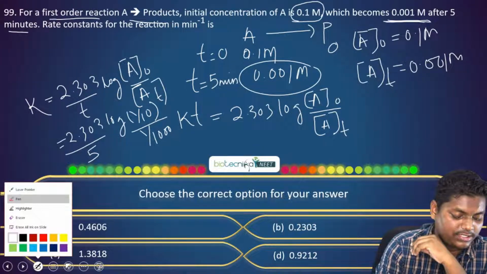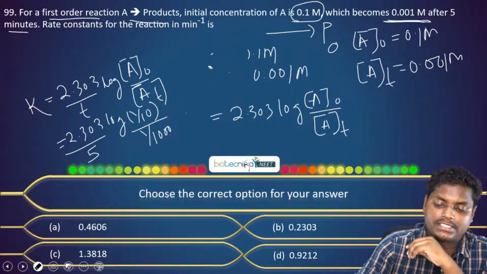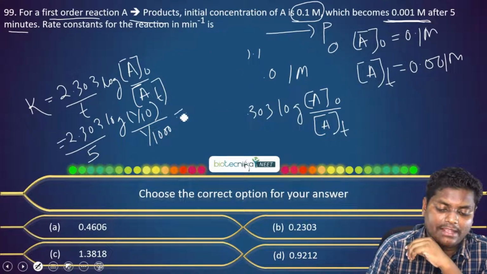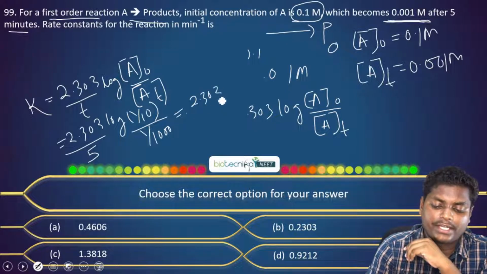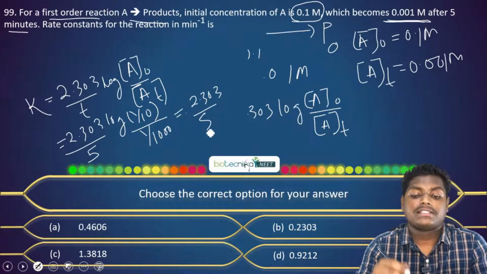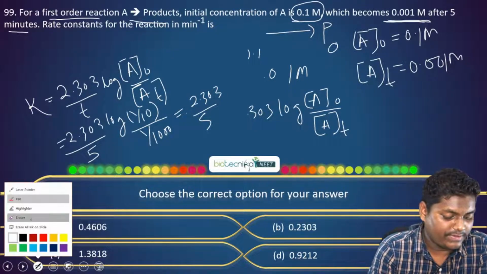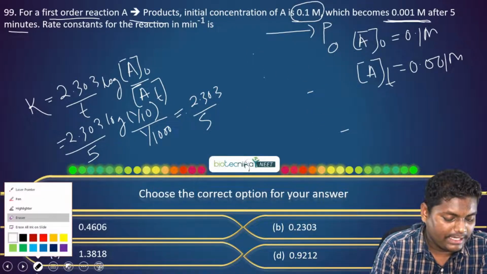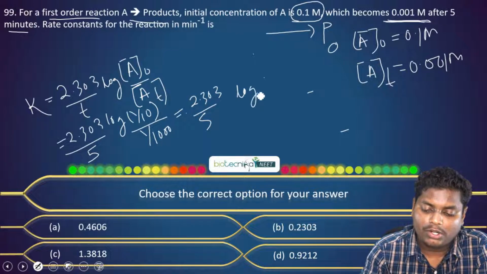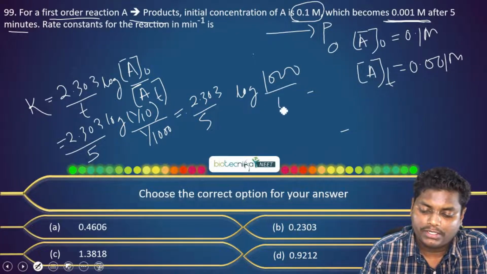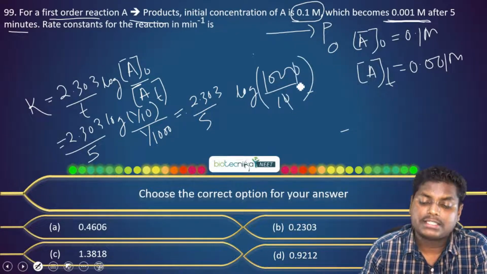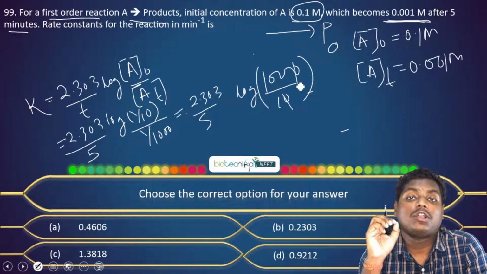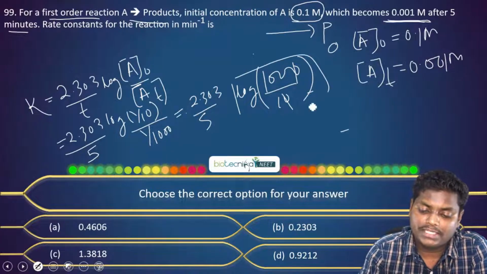Rewriting this, we get log of 1000 upon 10. The 10 will be cut, so we basically get log 100. Log 100 is 2.